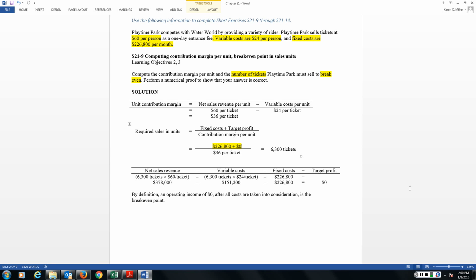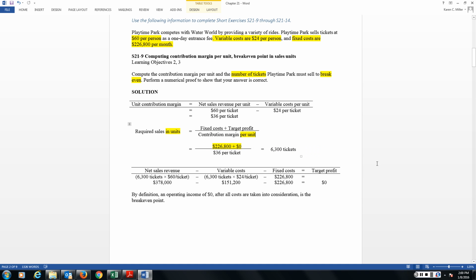So remember, we want our contribution margin. This is our formula. I'm dividing by contribution margin per unit. Why is that important? I need enough contribution margin to cover all of my fixed cost plus my target profit, which is 0 here for break even. If I'm trying to calculate break even in units, I simply divide by contribution margin per unit.